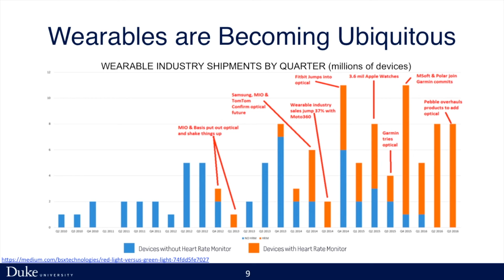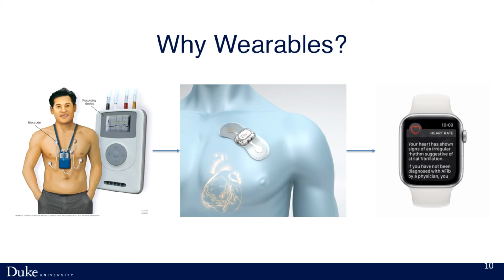And as entertainment value on these devices increased, for example, the ability to text message and make phone calls and read articles on smart devices, people began purchasing more and more of these devices. And as the devices' sales increased, the number of devices that actually contain a heart rate monitor of some kind also increased.